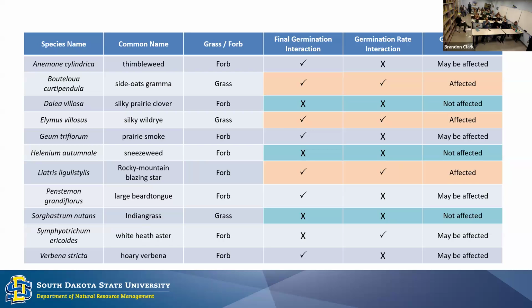They might be okay to transfer, not as affected. And the ones where 1 of the 2 may be affected would be worth looking into if you want to use these species for restoration and further research. But that's all I have, and I will open the floor to questions.